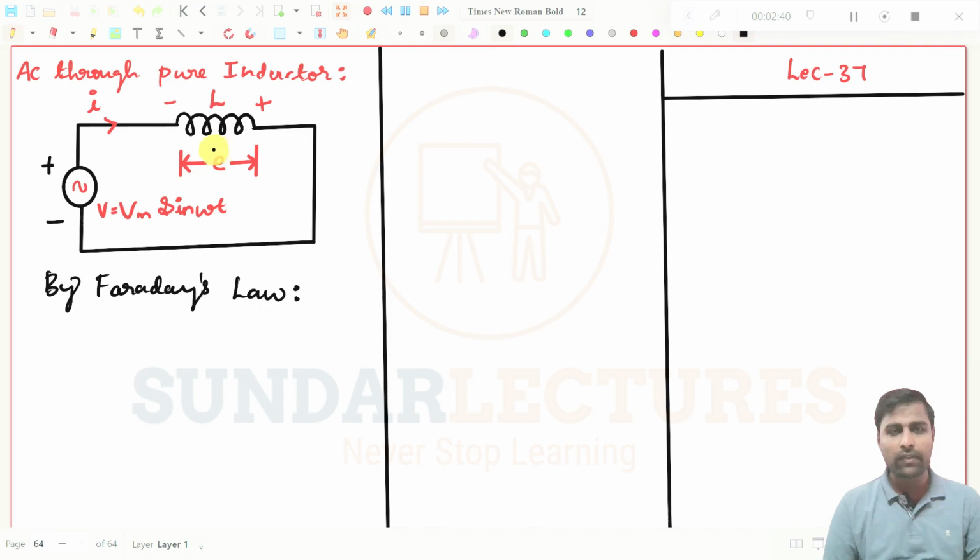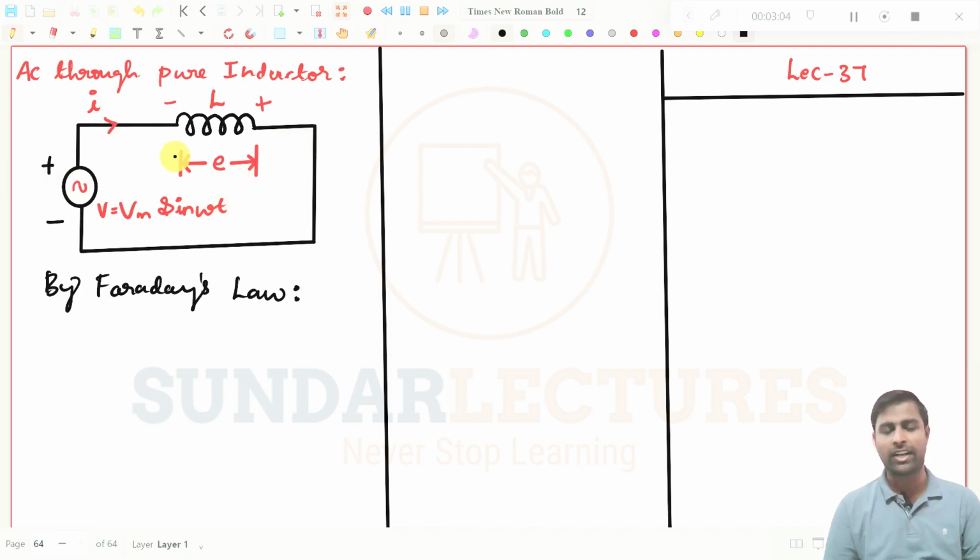So the flux induced in the coil will also change with respect to time. What is Faraday's law? If the flux in the coil changes, there will be a self-induced EMF, which is opposite to the cause producing it, that we have already seen.